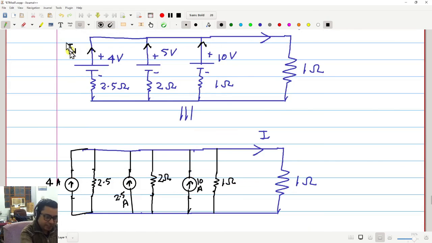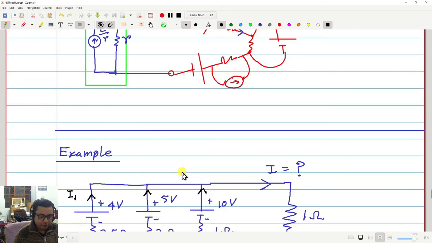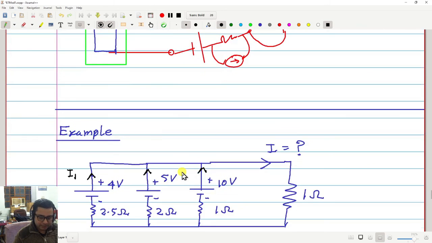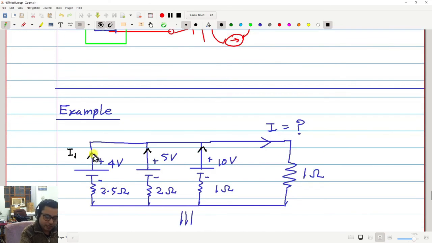Can I say I1 is 1.6 ampere? No, sir. Absolutely right, we cannot say that, because part of it will go through this, etc. So if you are interested in getting this current, what may you do?